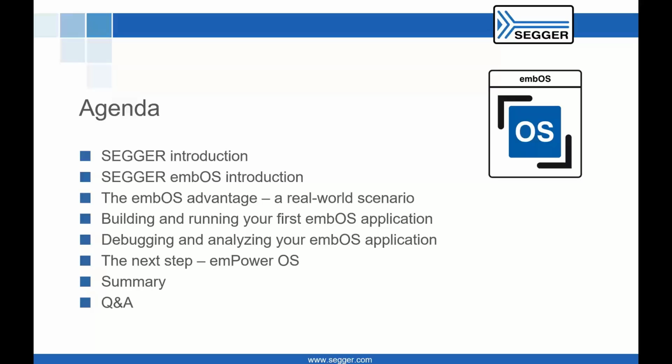We'll have an example where I can demonstrate one of the main advantages that embOS offers you. Then we'll switch into a bunch of live demos where we will build and run an embOS application. And then we'll also do a second demo where we start debugging and analyzing that application as well.